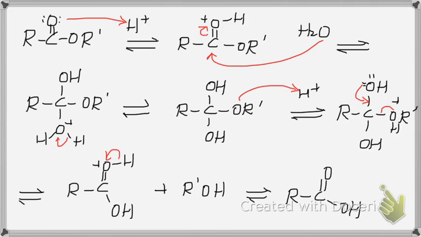And the second stage, the tetrahedral intermediate collapses or dissociates to give the product. And you should be able to determine which group will be the leaving group when this dissociation takes place.